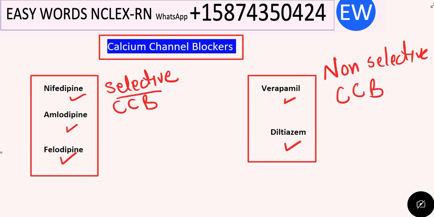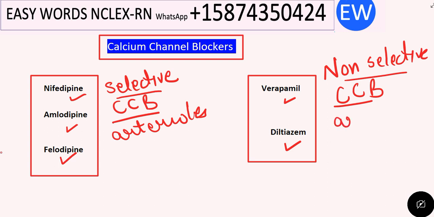Selective calcium channel blockers act on the channels in the arterioles, while non-selective calcium channel blockers act on the channels in both the arterioles and myocardium.